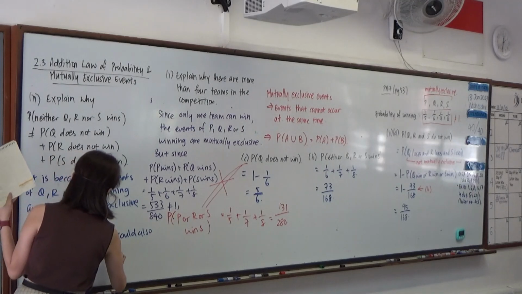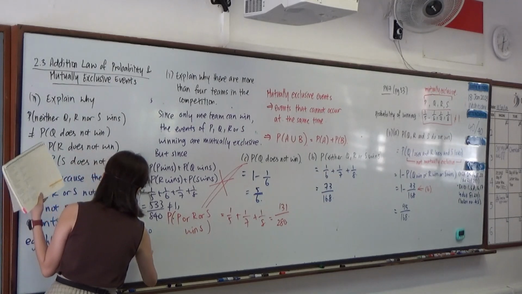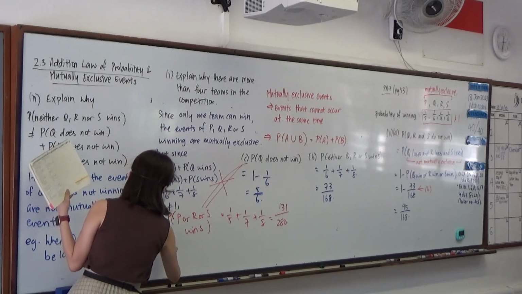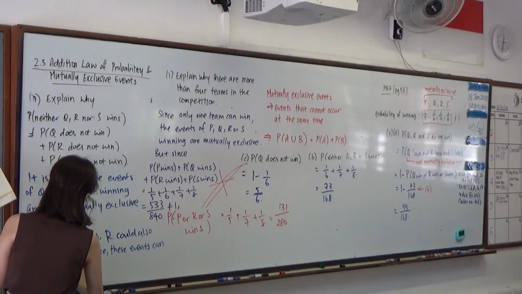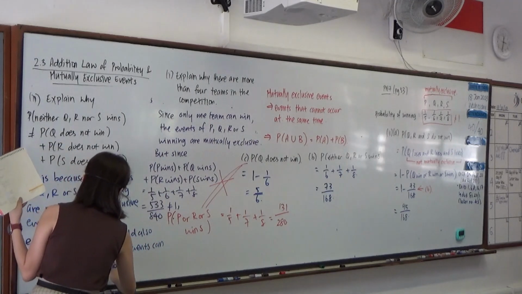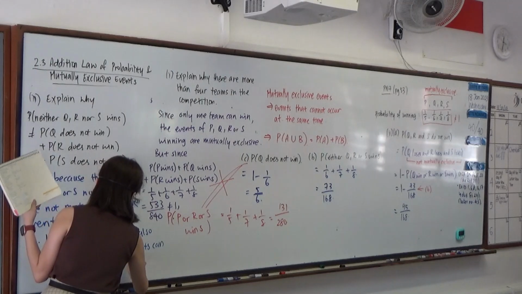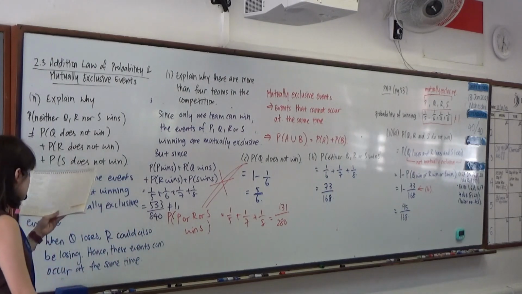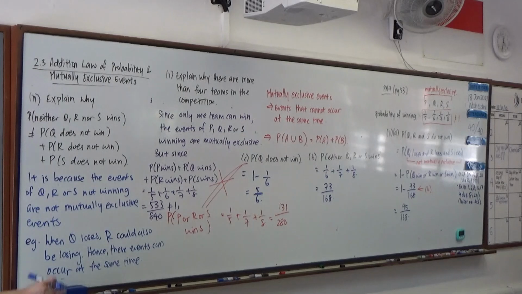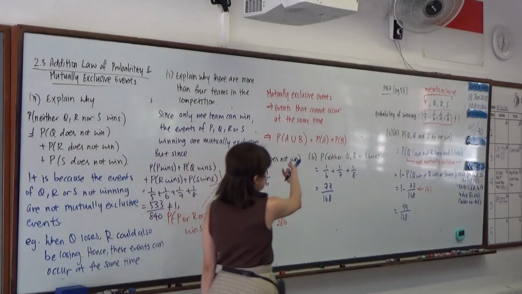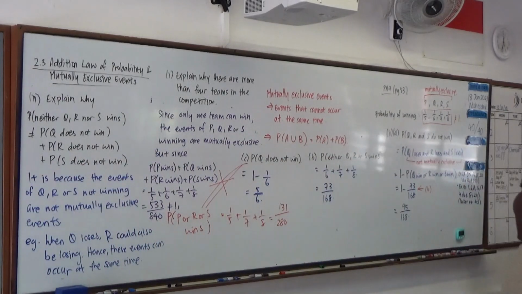Hence, these events can occur at the same time. Therefore, we cannot add up the probabilities.